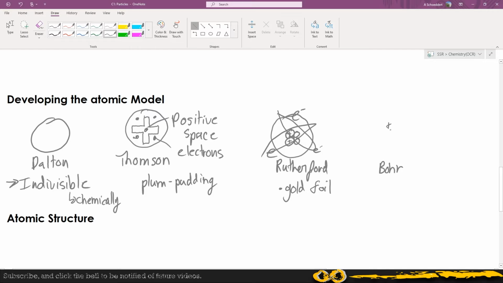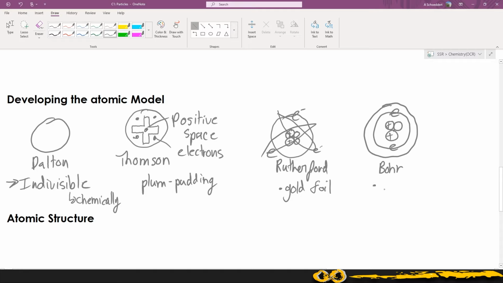So what Bohr decided is that there had to be specific energies associated with those electrons, and these became known as the electron orbits. So electrons in the Bohr model had specific energies, and they cannot be in between these orbits. They must be in each of the orbits and not in between them.